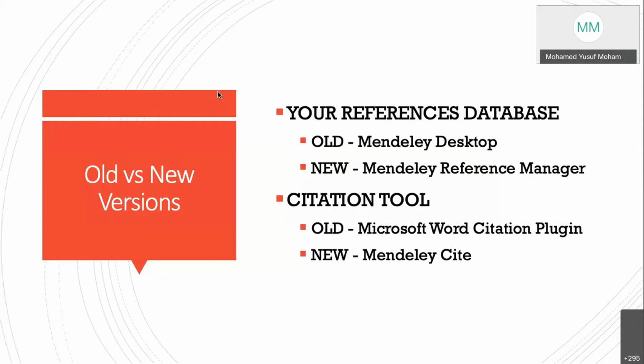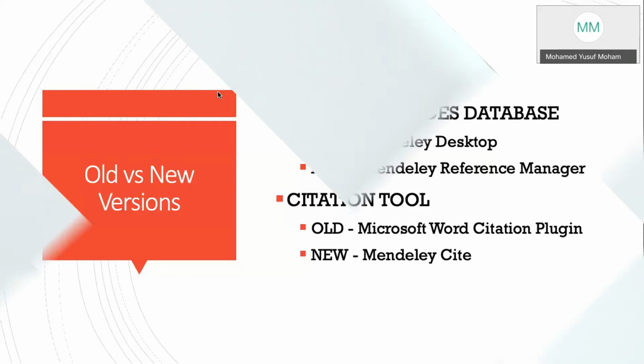The old citation tool is known as Microsoft Word Citation Plugin, and the latest one is Mendeley Cite. So the one that I will share with you today is the new one, Mendeley Reference Manager, used with Mendeley Cite.